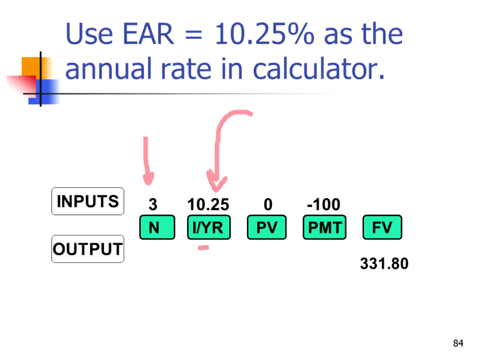Number of time periods is going to be 3 because now we are not compounding semi-annually; you've already taken the effect here and converted it into an annual effective rate. The payment is 100, so your future value is going to be 331.80. All right, students online, clear?